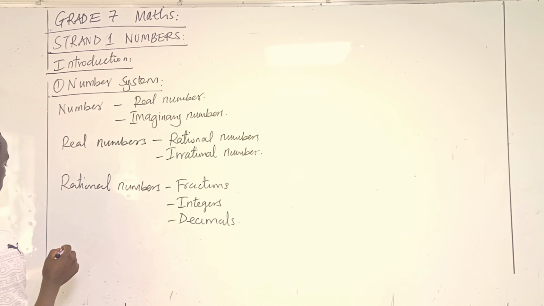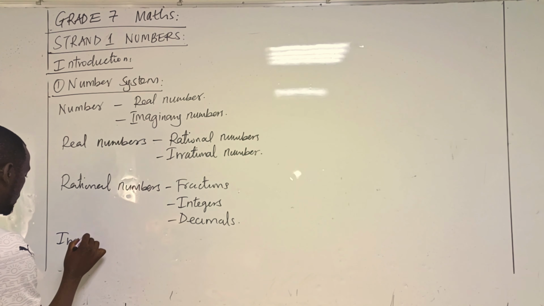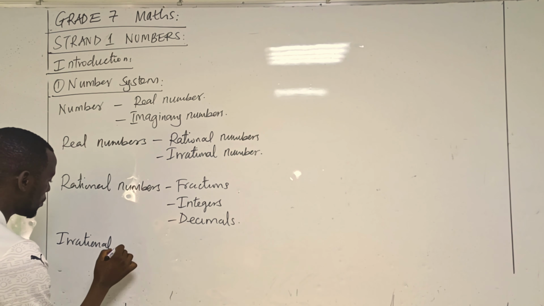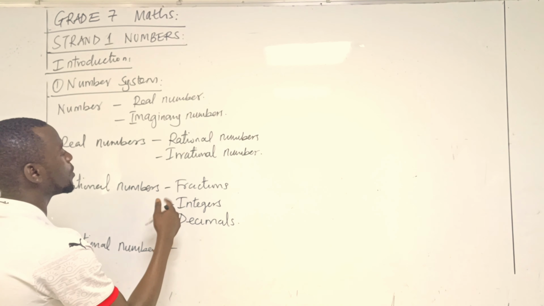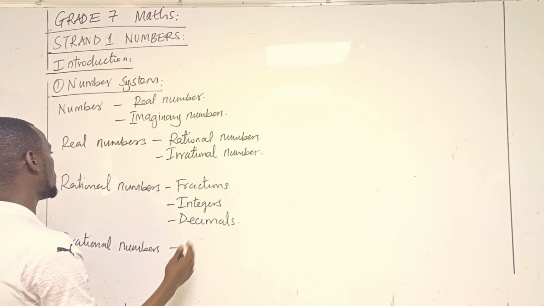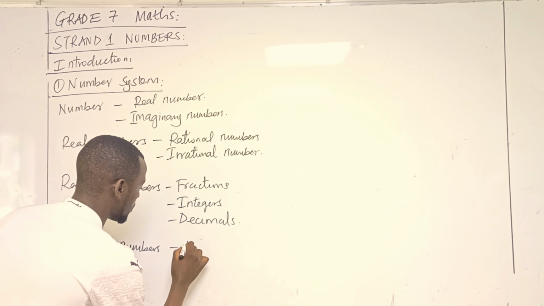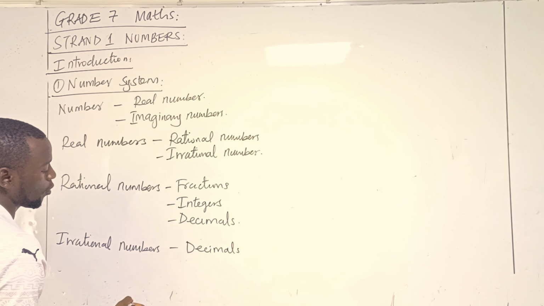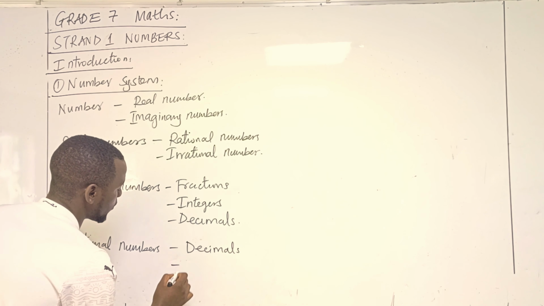Then for irrational numbers, we have said they are numbers that cannot be expressed as a fraction, so they can be decimals. For this case, we are going to talk about decimals, although we have another type of irrational numbers known as surds.